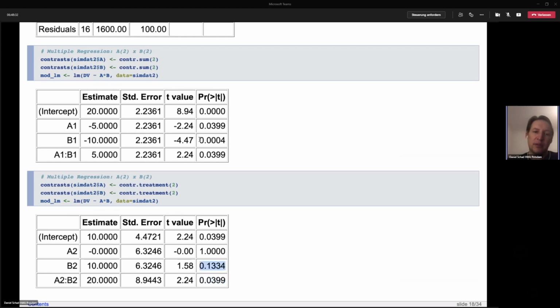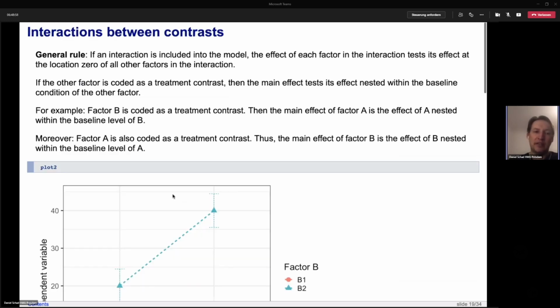So the p-value here for B is very different, it's not significant. And the effect for A is also significant up here, but not down here. So what's going on? Is this just simply saying that these effects down here are meaningless, or is there a way to understand what they measure? And the second is of course the case. So these test very specific hypotheses, and let's look at how we can understand that.